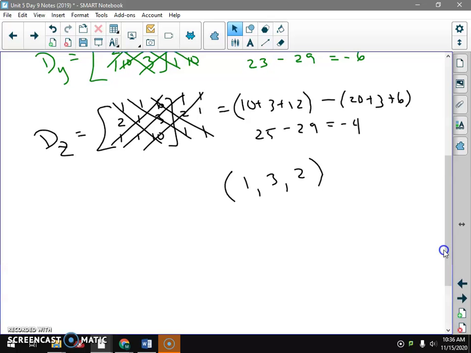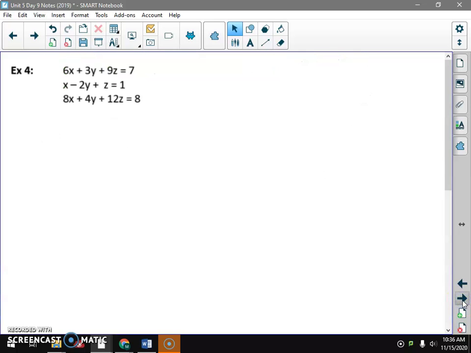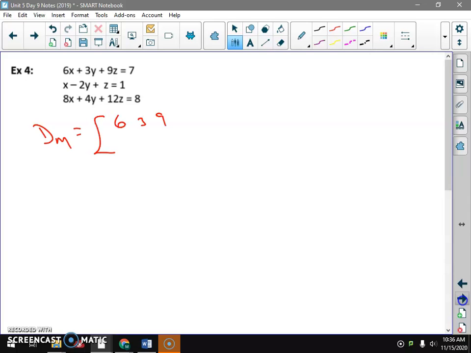All right. One more 3 by 3. I've got a couple minutes, but we can just set it up. I'll tell you what the determinants are. You can check. Actually, let's take a look at this one because it is a special case. 6, 3, 9, 1, negative 2, 1, 8, 4, 12.